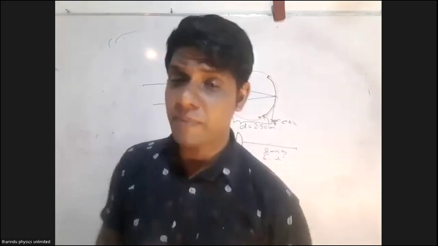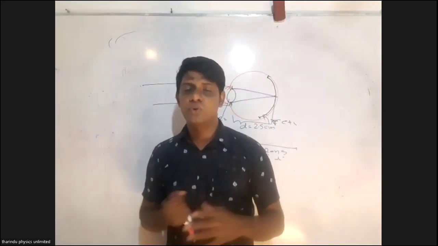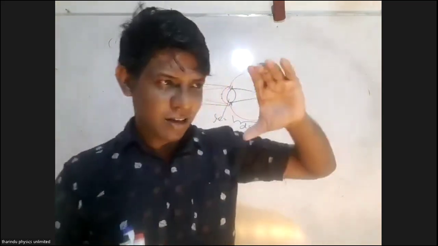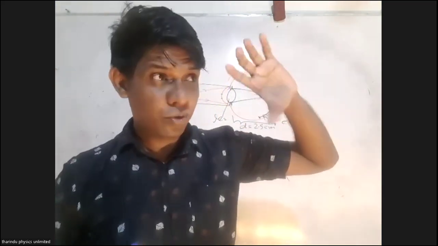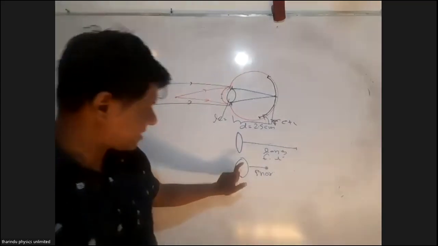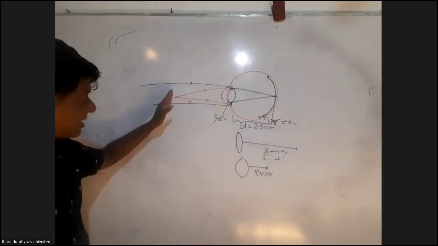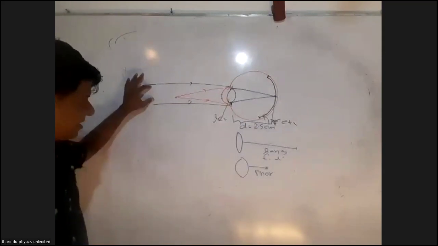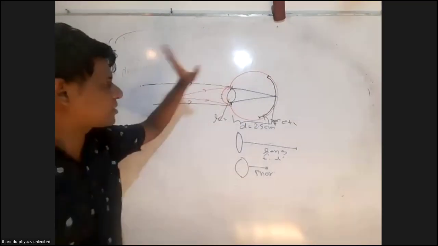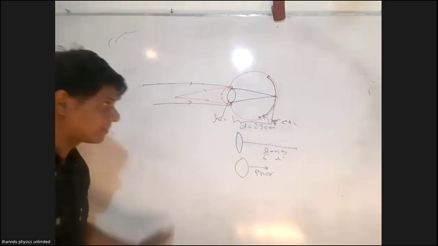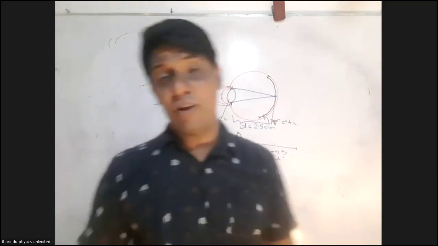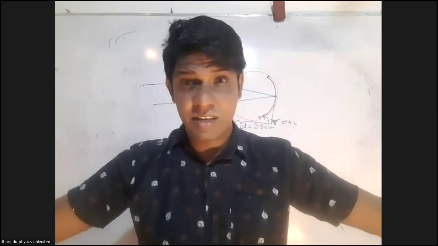To get higher power, the only way is to make the thickness very high, like this. For objects seen from far away, you can just leave the eye lens to create the image, for a normal, healthy, properly functioning eye.